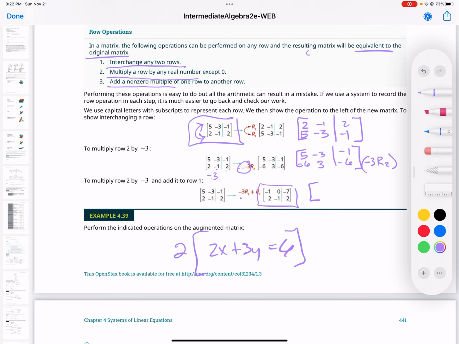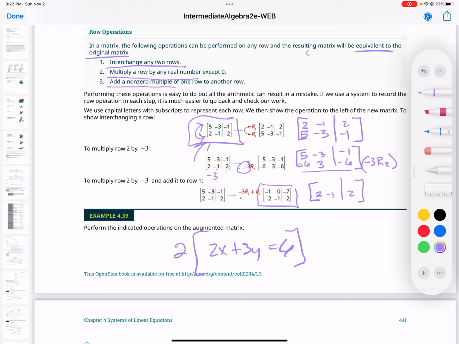Sorry about that. So we can copy down row 2, from the original matrix here. So now we take -3 times row 2, which was this one, and we're adding it to row 1.